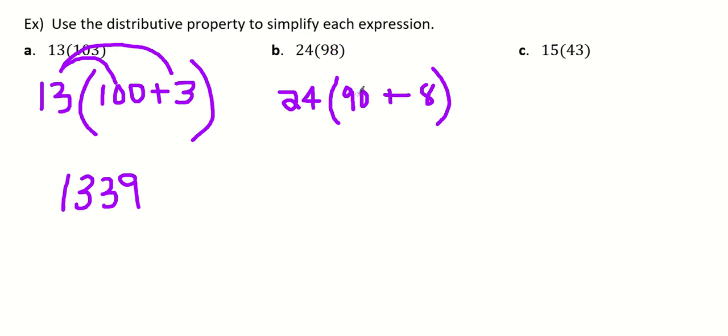24 times 90, you might be able to do it in your head, and I might be able to do it in my head, but I don't know. Not so easy. Just to do the 24 times 90, I'd almost want to do its own breakup of distributive property, to do 90 times 20 and then 90 times 4 and then add those together.